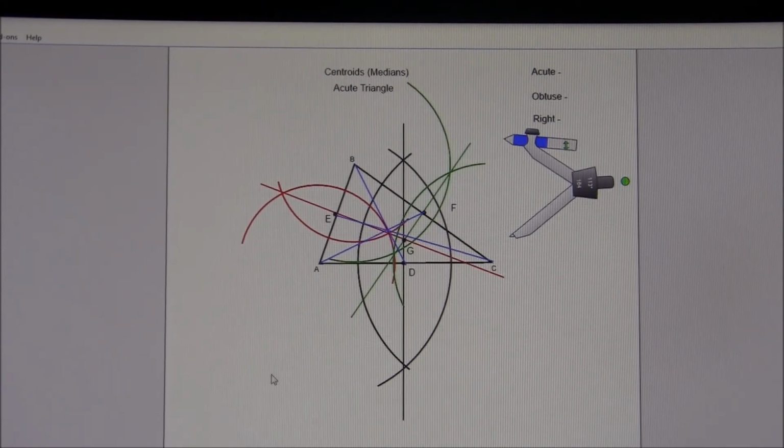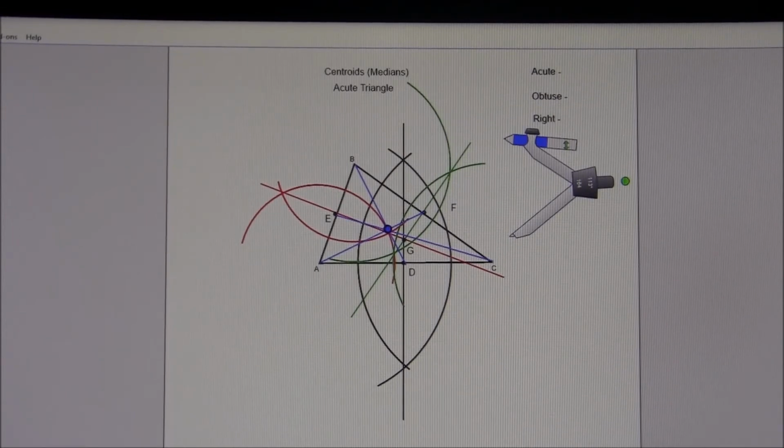Right here. You know what? Let me do a circle. Let me fill it with blue. And let me move that right here. This is where it's all about.